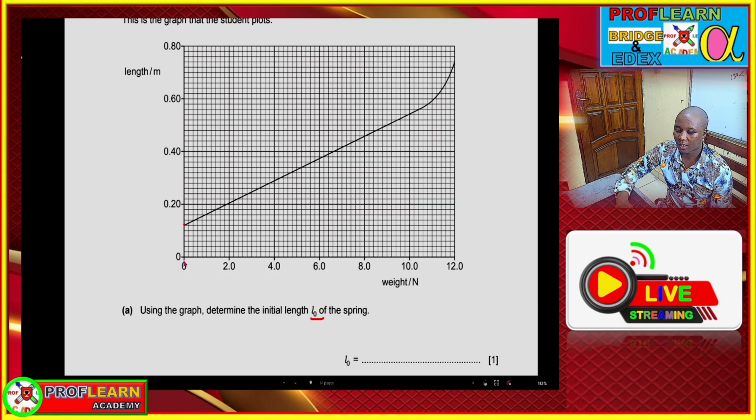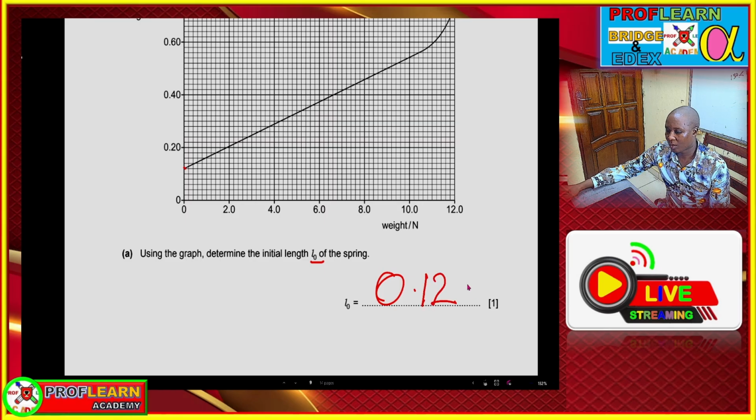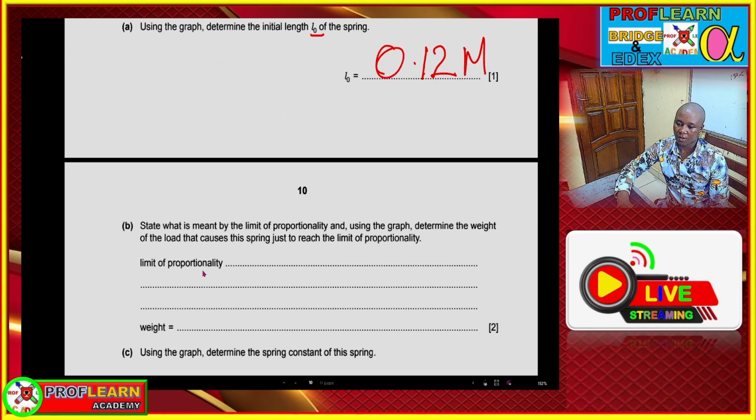So you read the value when the weight is 0, and if you try to read this, it is going to be 0.12 meters.